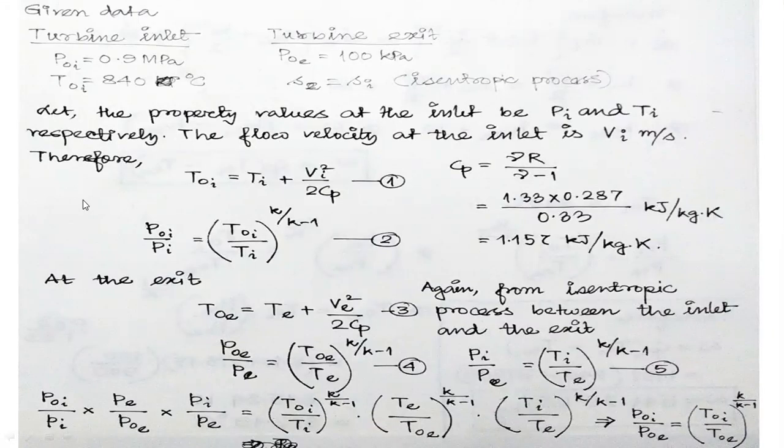That is the stagnation process we assume to be isentropic process. So if we have one probe, say thermometer, like this, then the flow is moving. So between this point and this point, the process is assumed to be isentropic.